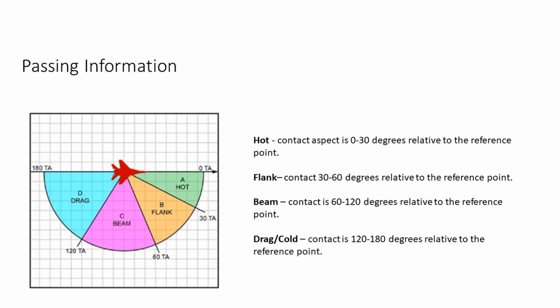So we have the graphic up on the screen now that I mentioned earlier, and this is going to talk about the different aspects that we'll get into, and when we get into the examples I'll have this superimposed right on top of the image. But basically, hot is if the contact aspect is within 0 to 30 degrees relative to the reference point. All of this is going to be relative to the reference point.